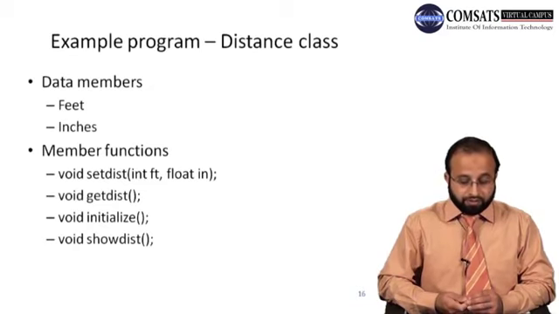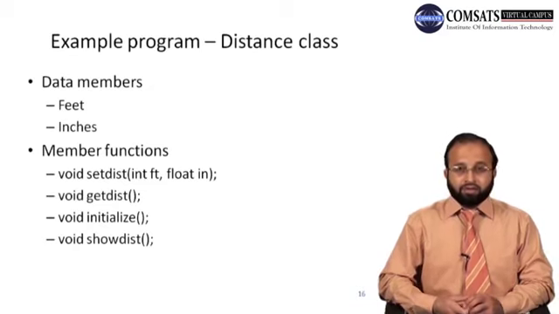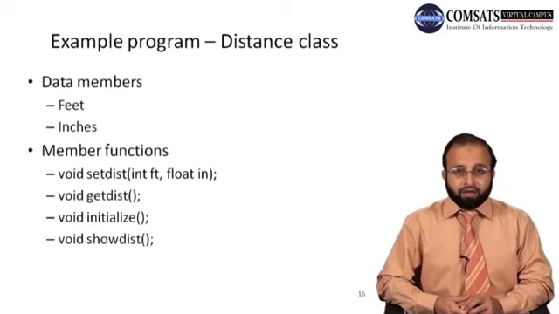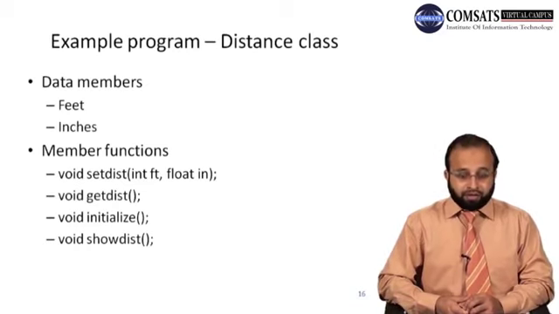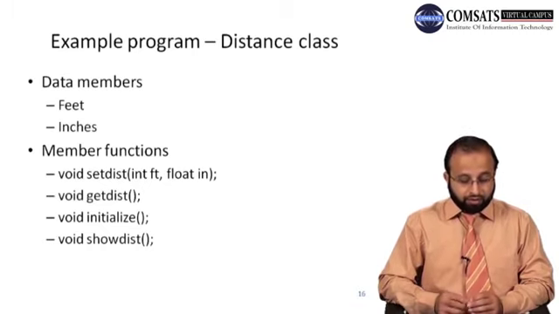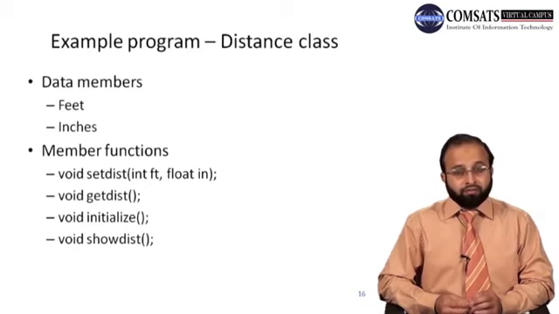So the get dest function is basically used to get the information at runtime from the user, at execution time. The initialize function will initialize the private data member of that object, and the show dest function will show the value of the private data member of the object of the distance class, right?